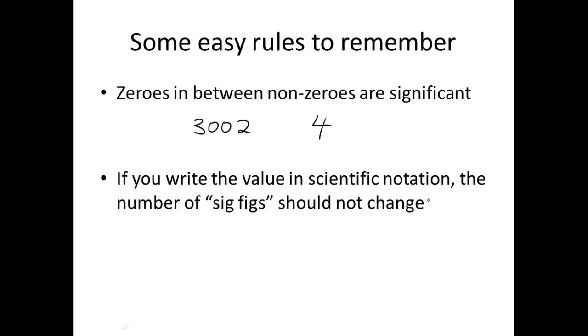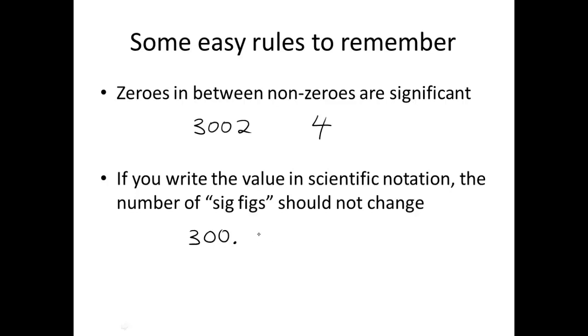If you write the value in scientific notation, the number of sig figs should not change. So on the previous slide, I think I said 300 with it, and you wanted to indicate that that last 0 was actually significant, that this device can actually measure to the ones column. And you could write it this way, but it is kind of strange.